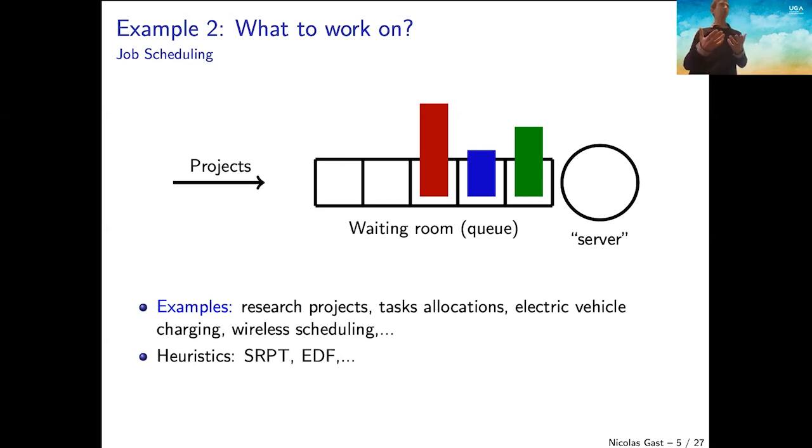There are lots of heuristics to control these problems. For instance, there is earliest deadline first, that we all use, I think. You do the next thing that you have to do. And when the job sizes are known exactly, there are things like shortest task first, that's what you should work on. But this assumes that you know exactly the duration of the tasks.